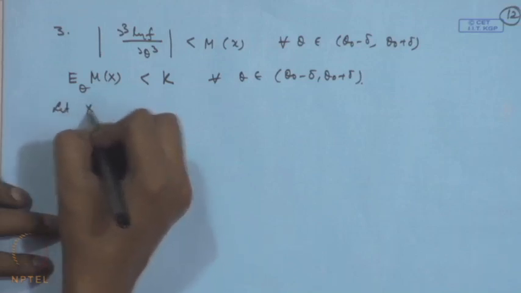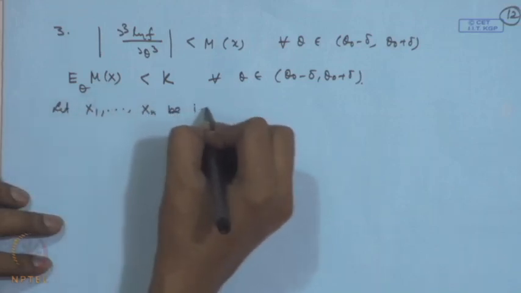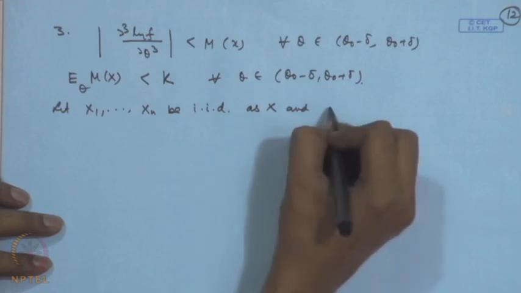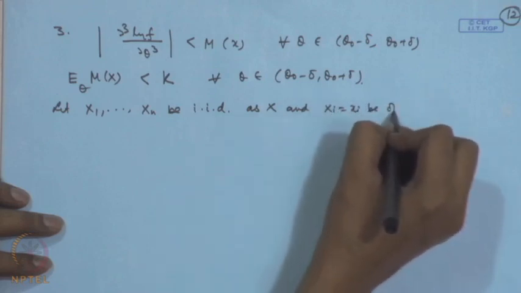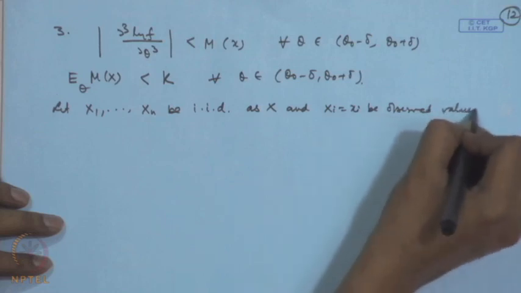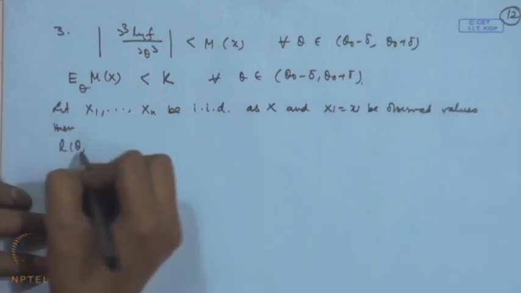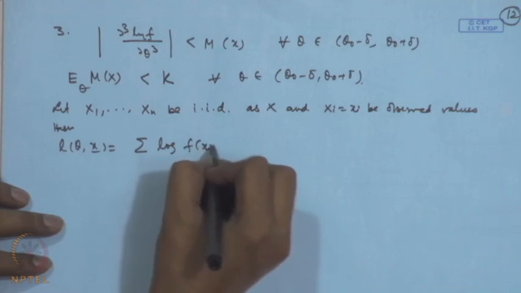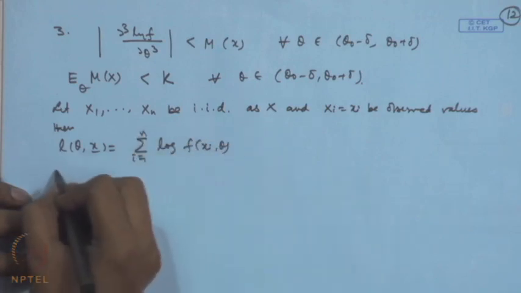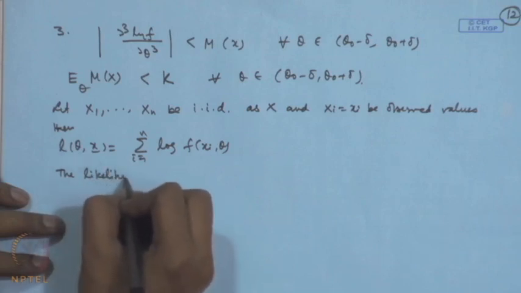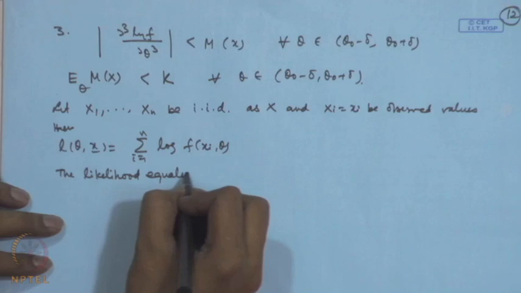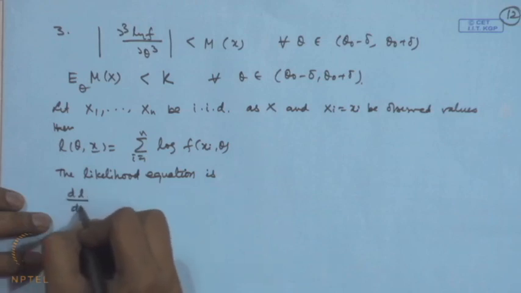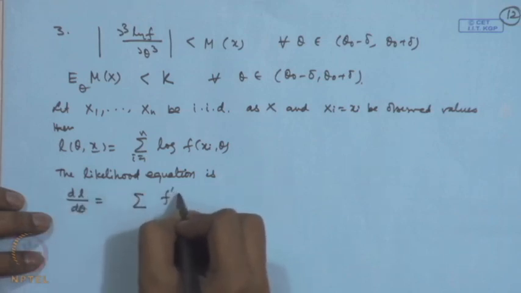So, if we are considering X1, X2, ..., Xn independent and identically distributed as X, and observed values are x1, ..., xn, then the likelihood equation is, the log likelihood is, and the likelihood equation is dL by d theta is equal to sigma f prime (xi, theta).